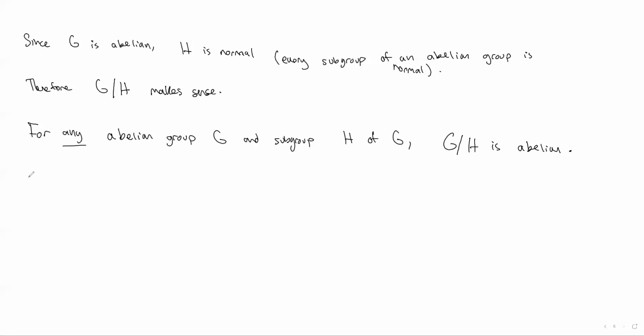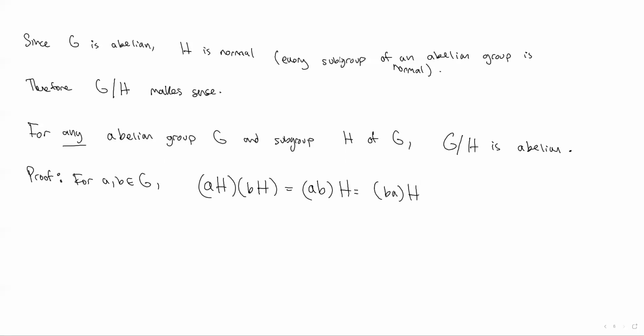The proof is, for a and b in G, aH times bH is equal to abH, which is equal to baH because G is abelian. And then baH is bH times aH.